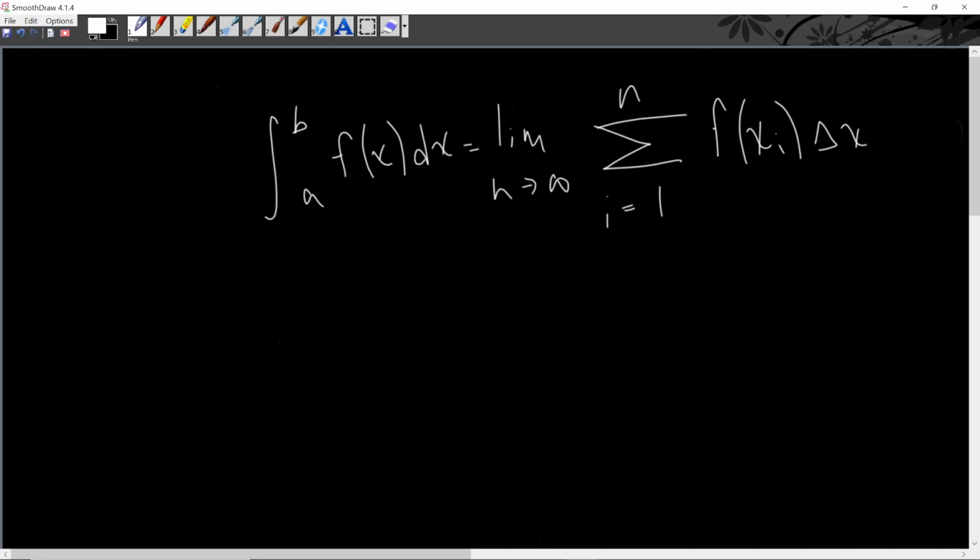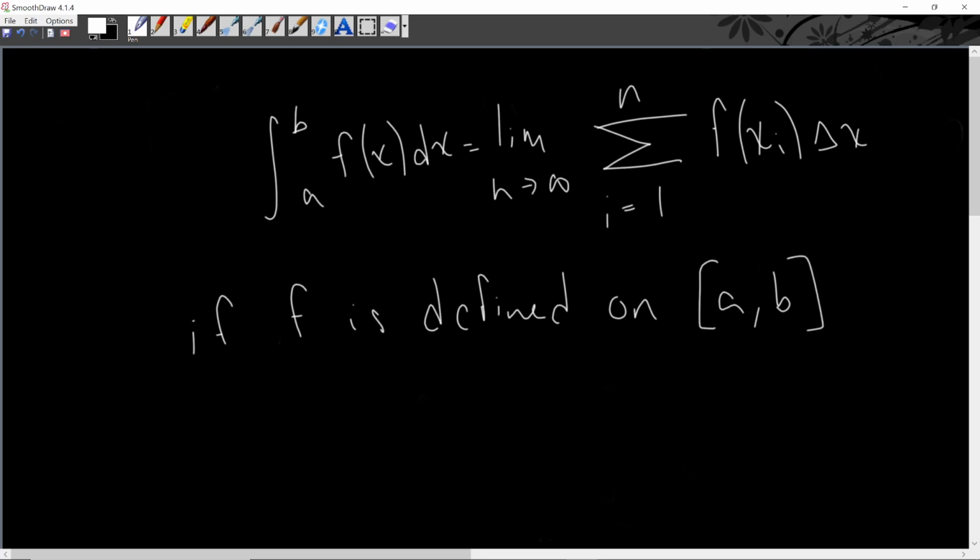And then we say that if f is defined on a to b, we just divide this interval into n subintervals of xi minus 1 to xi.